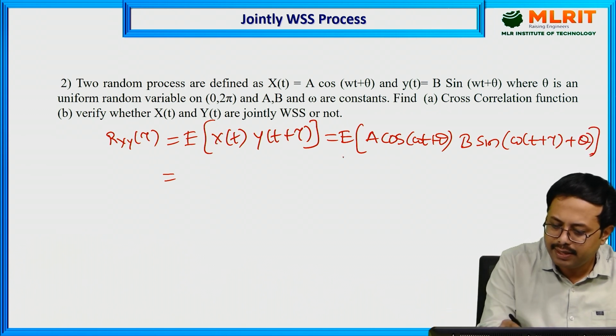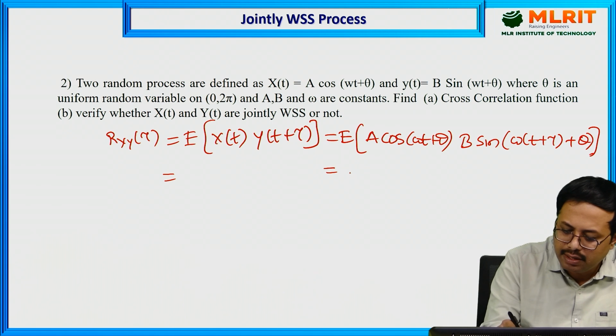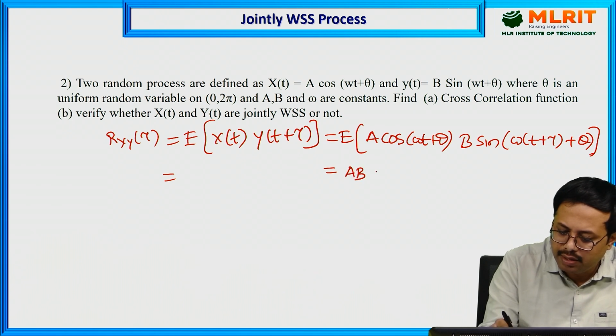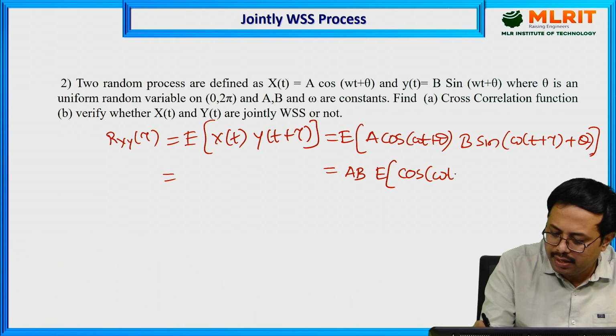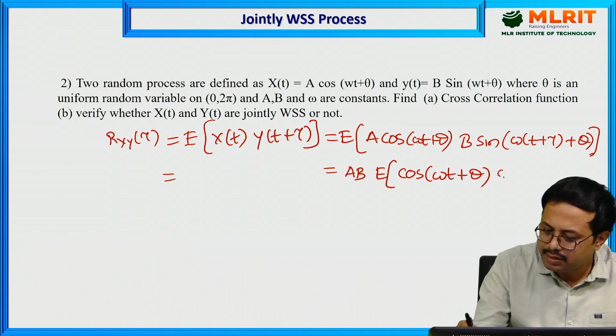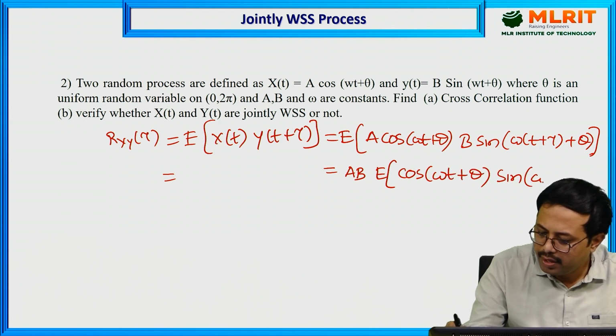Here only A and B are constants. Take AB as a common constant: expectation of cos(omega t plus theta) sine(omega t plus omega tau plus theta).